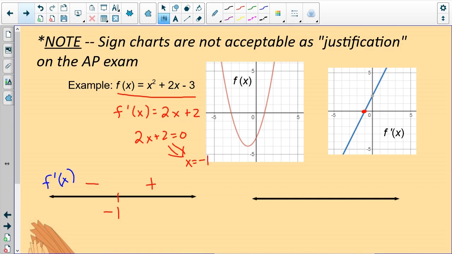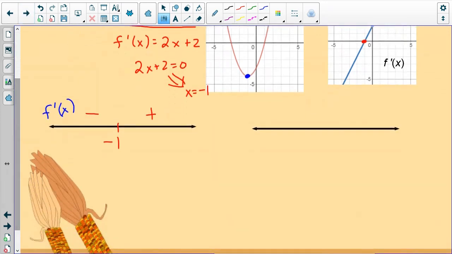So if the problem is asking, for example, is there a local minimum or a maximum or something, I can tell that there is a local minimum at x equals -1 because f prime changes from negative to positive. That's actually what you have to say.